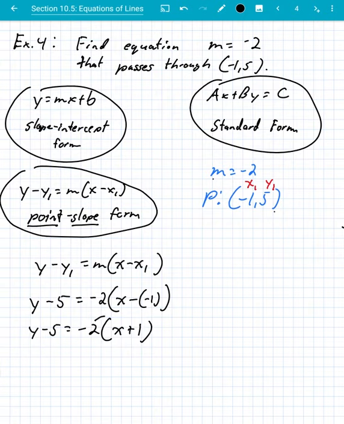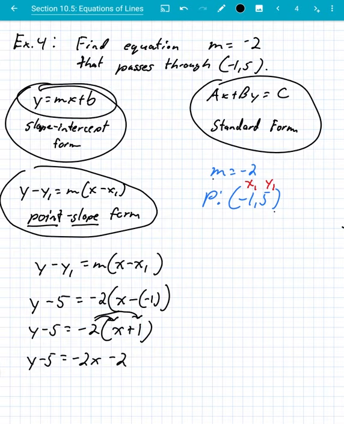Let's then distribute that negative 2 to both of those numbers. y minus 5 equals negative 2x minus 2. Remember, to get it in the y equals mx plus b form, we need to get y by itself. So to get rid of the 5, we add 5 to both sides.